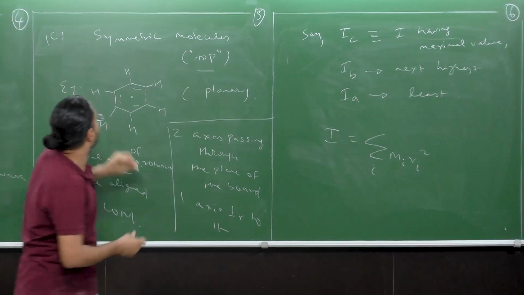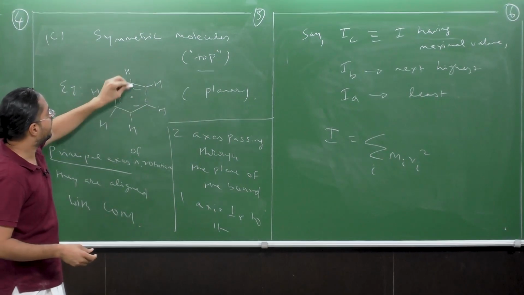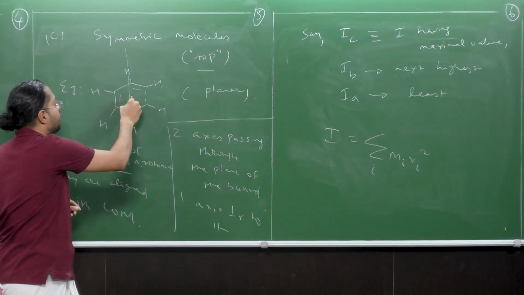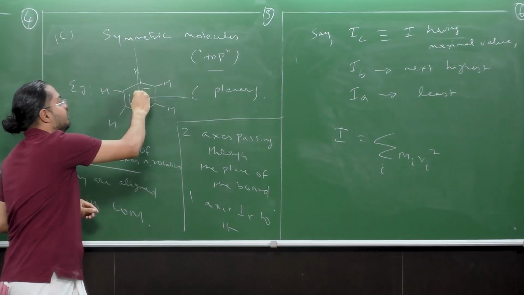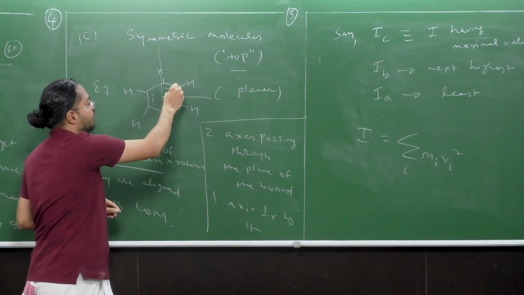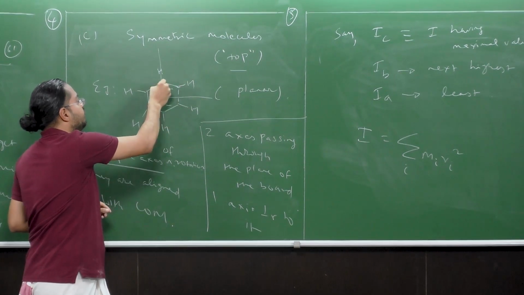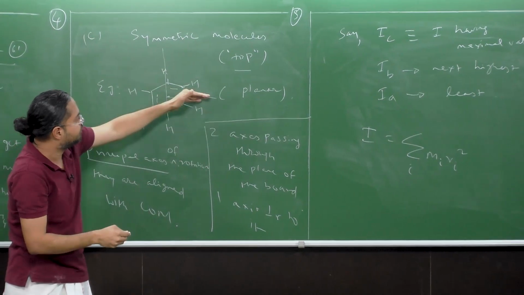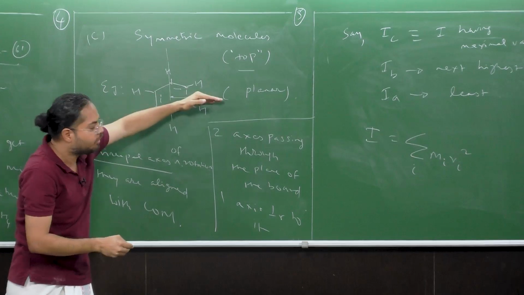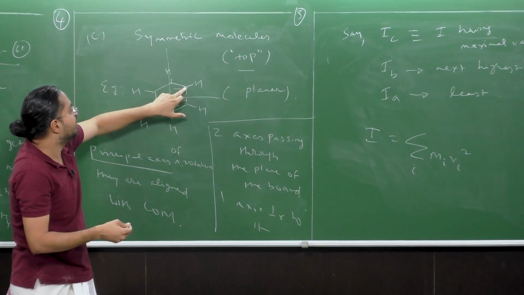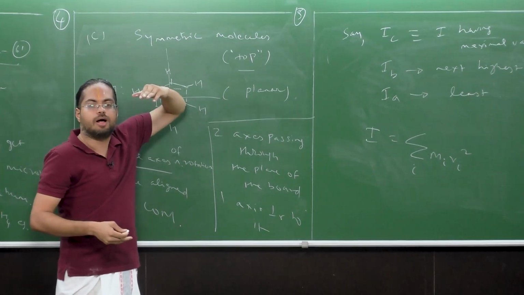Whereas the distance of the axis which is perpendicular is going to be much higher. For example, if you consider this atom, the in-plane distances, for the in-plane moment of inertia values, are going to be less than the distance for the out-of-plane axis.